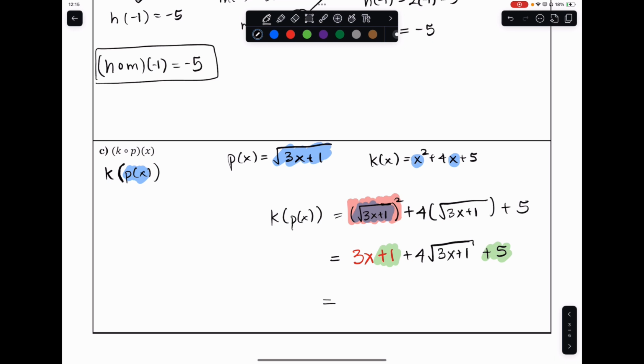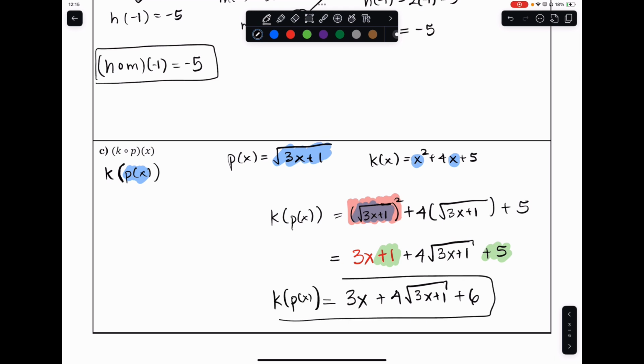So this would be 3x plus 4 times the square root of 3x plus 1, and then plus 6. So this is k of p of x, and that's your answer right there.